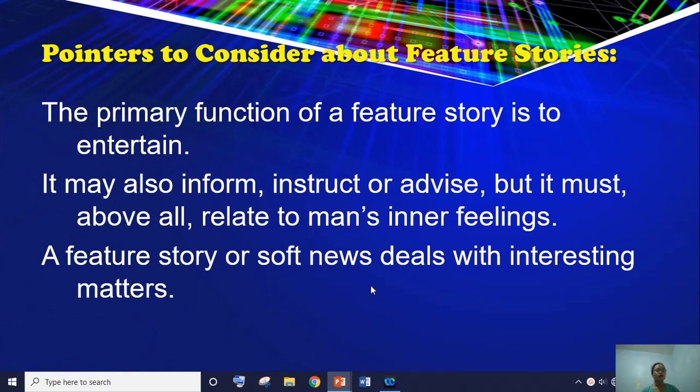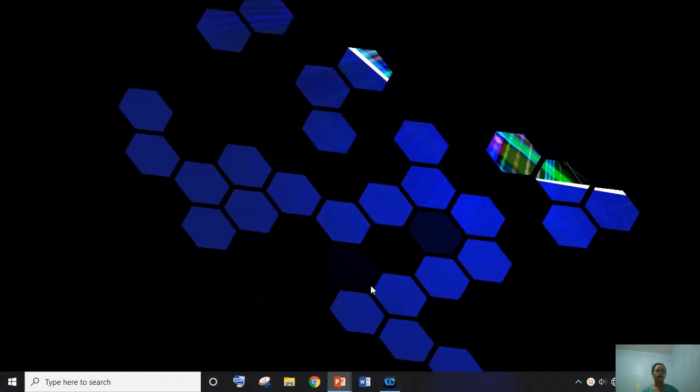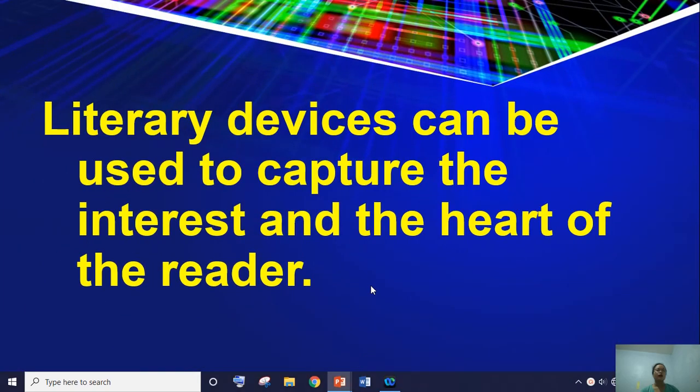A feature story or soft news deals with interesting matters. Literary devices can be used to capture the interest and the heart of the reader.